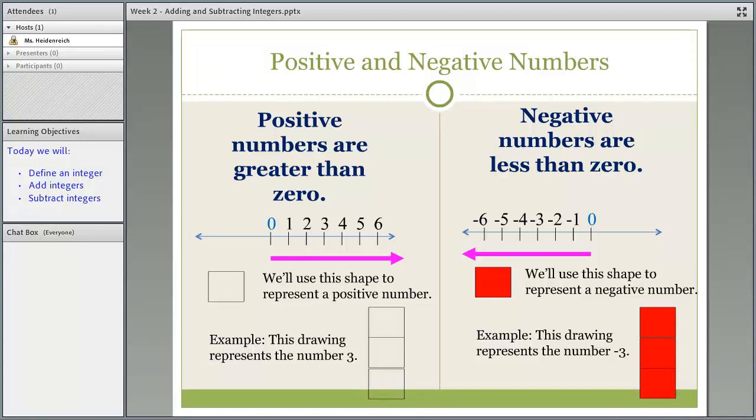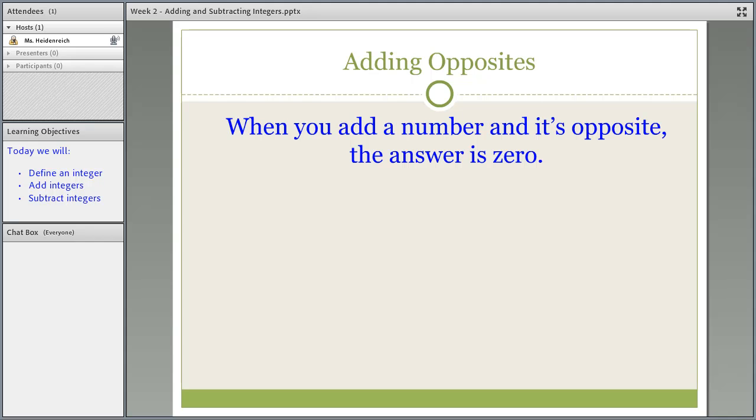And there's an important fact that you need to know, and that is that when you add a number and its opposite, the answer is 0. So for example, if you have a positive 6 and you add a negative 6 to it, you get a 0 for an answer. And that's kind of because, if you want to think of it this way, the two numbers cancel each other out.